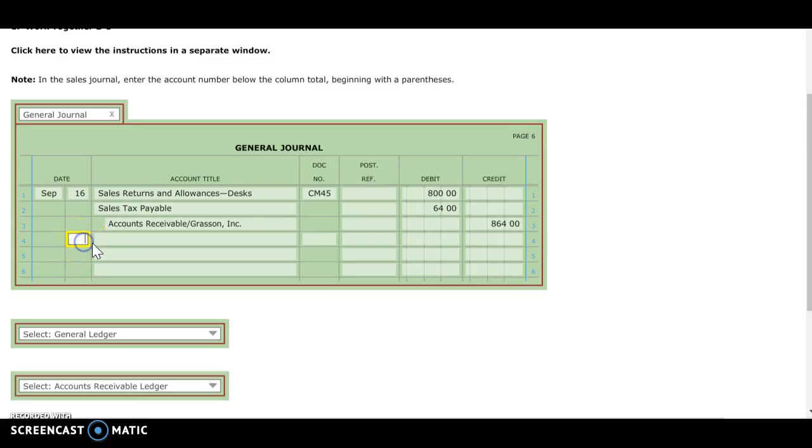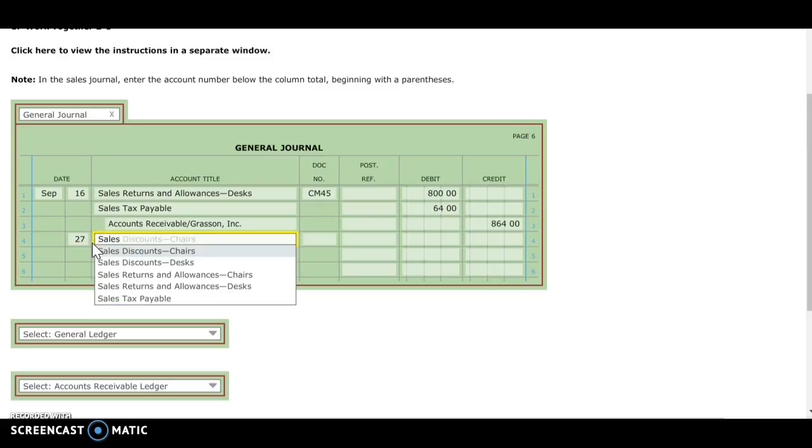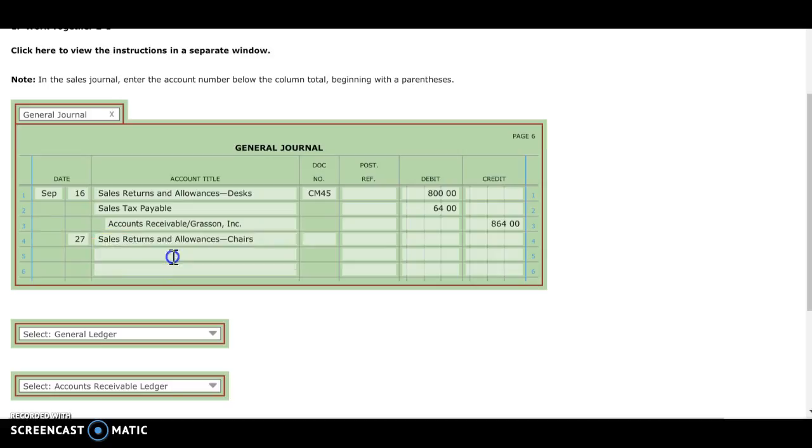So they had a defective chair that we're saying we'll give them some money back for. Okay, so it's the 27th. We're going to debit our sales returns and allowances. This is going to be for chairs. We're using credit memorandum 46 for this one. And it says that we're giving $75. So we're going to debit that for $75.